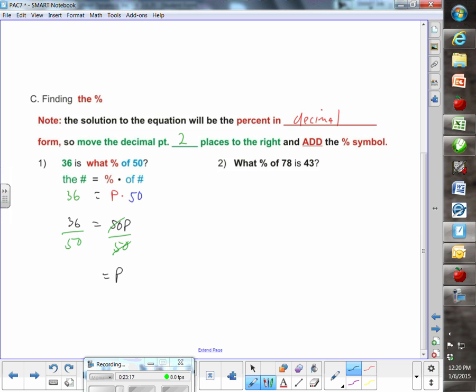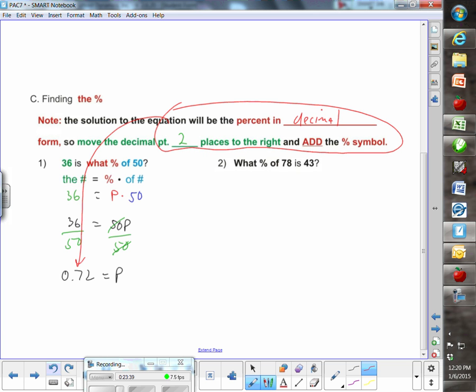So take 36 and divide it by 50 and hit equals. Here's what your calculator says, 0.72. Yes? All right. Now we have to remember this, right? All right, we got to remember that. I'm going to tighten up my circle here.